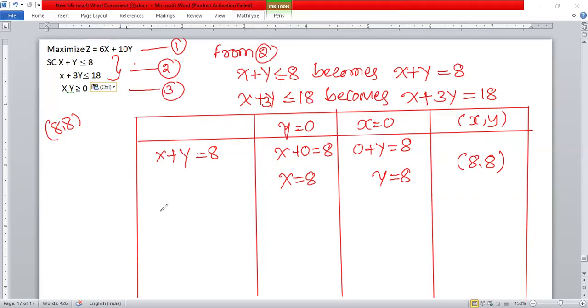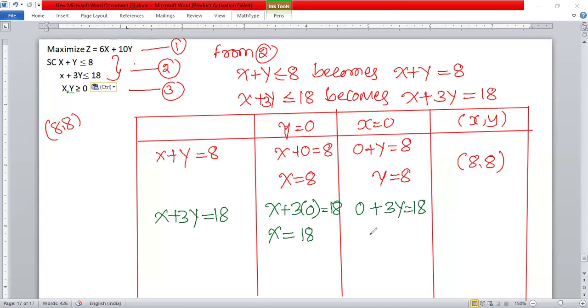Similarly for the second one, x plus 3y is equal to 18. Put y is equal to 0, x plus 3 into 0 is equal to 18. Therefore, x is equal to 18. Similarly, put x equal to 0, so 0 plus 3y is equal to 18.